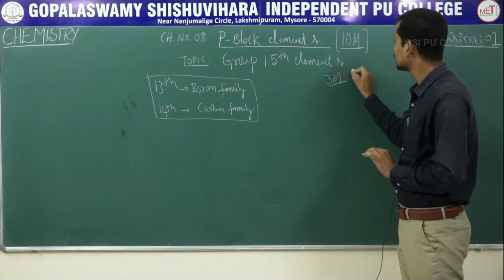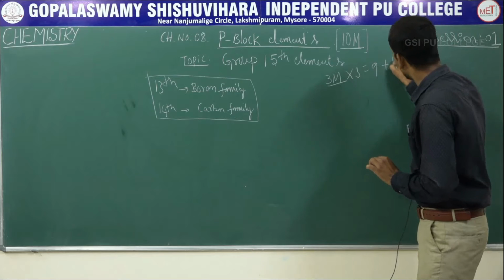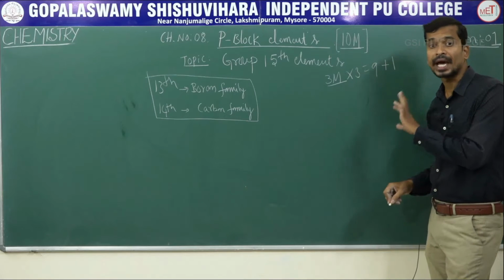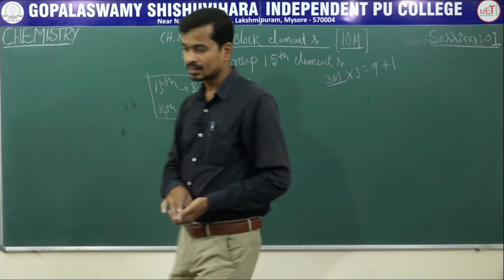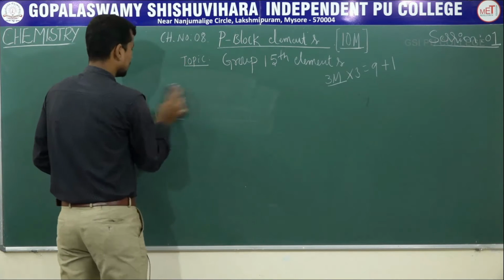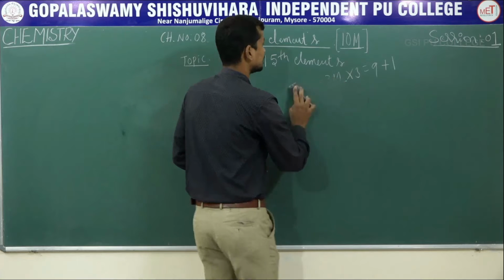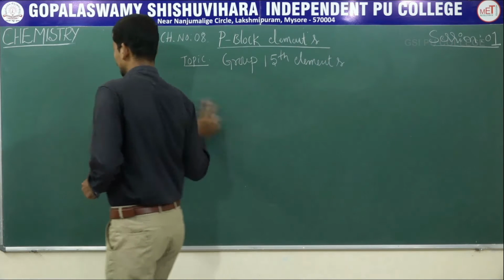Totally 9 marks plus 1 mark question from group 18th elements. Clear? These are the question paper patterns in P block elements. The total weightage is 10 marks.